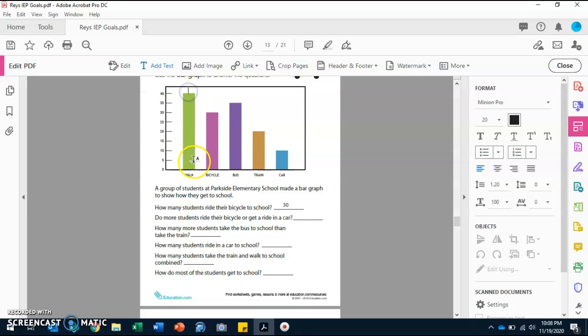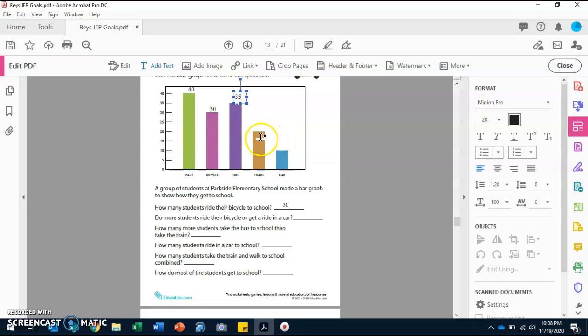How many kids walk? 40. So 40 kids walk. For bicycle, we had said that 30 take the bike. What about for the bus, Ray? How many go on the bus? Yes, good job, 35. So 35 go on the bus.